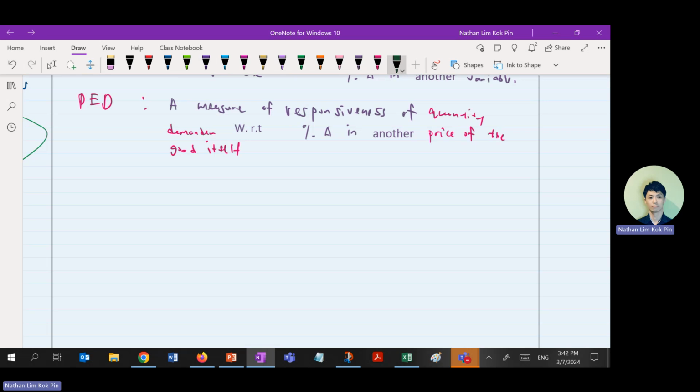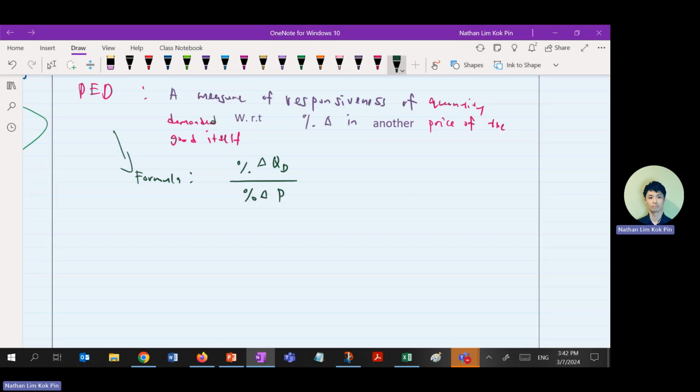So PED, normally what's the formula? The formula of PED is, as the definition suggests, the definition already gives you the hint if you know how to interpret it. It's just the percentage change in quantity demanded over percentage change in price.